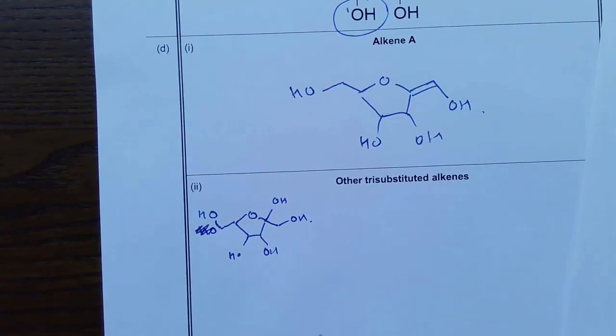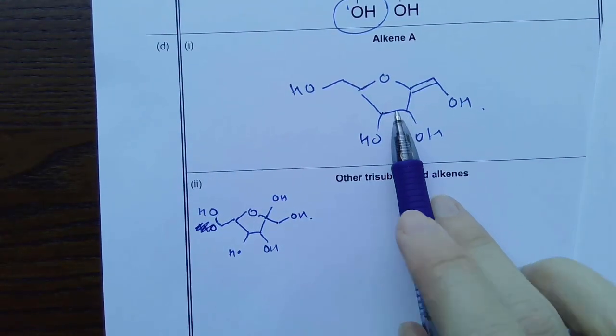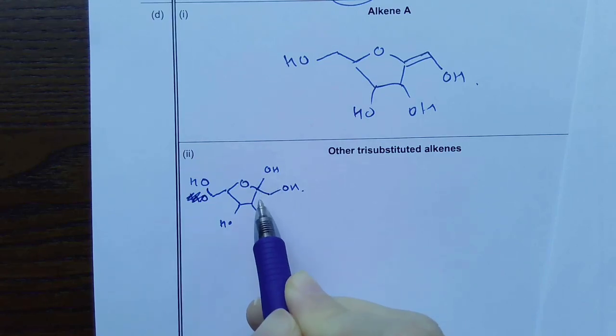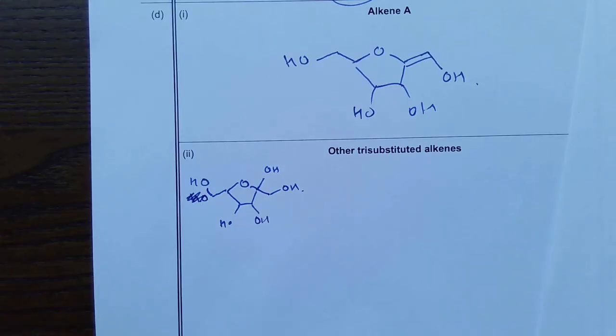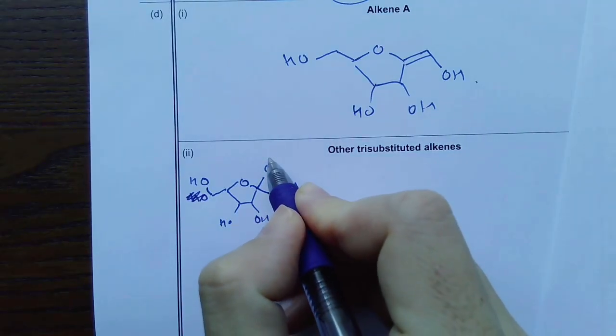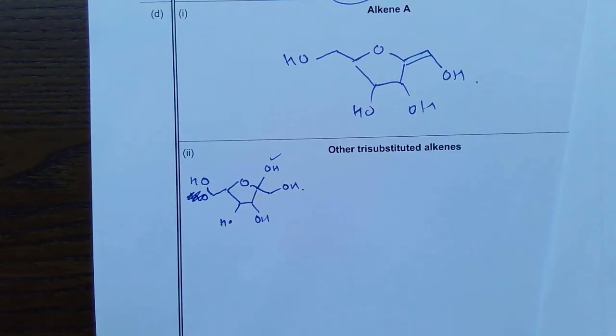So to form this one, we got rid of this alcohol here, and then formed the double bond there. Okay, so that one's done. Let's now go through and consider the other ones.